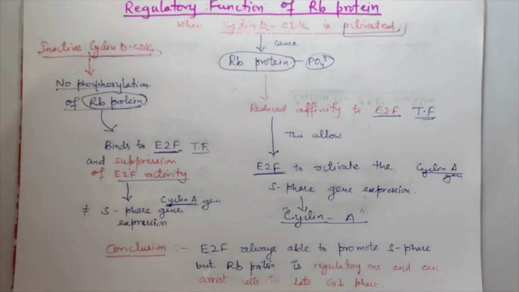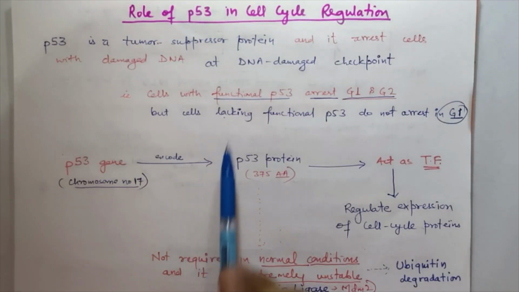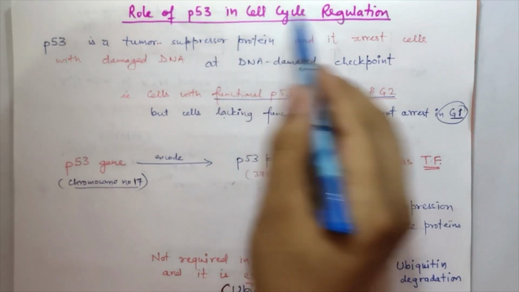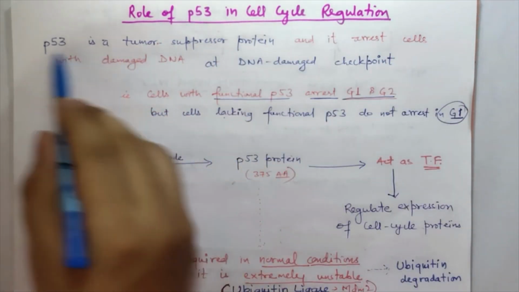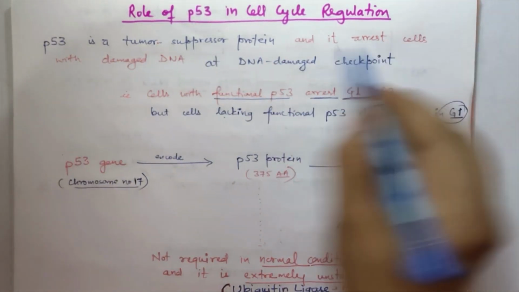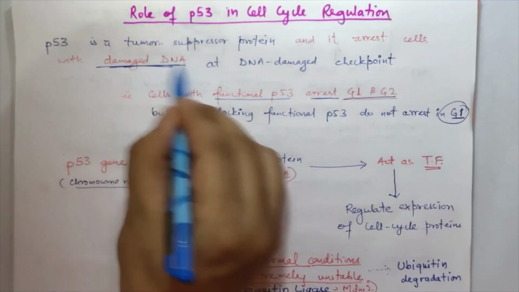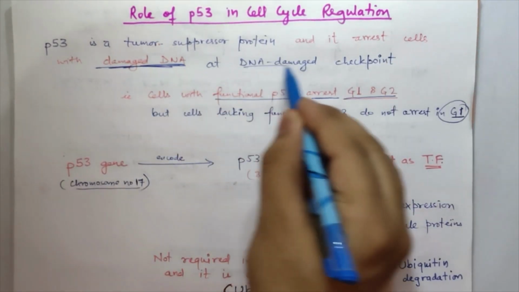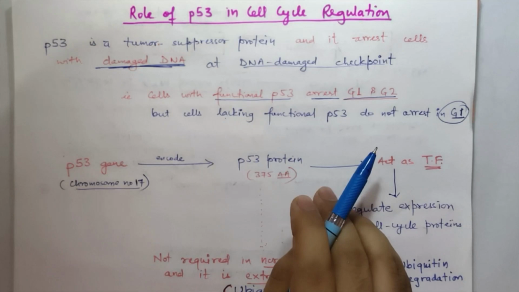cyclin A. So now coming to the next protein, that is the P53 protein, and how it regulates the cell cycle. P53 is a tumor suppressor protein, and it arrests cells with damaged DNA at DNA damage checkpoints.